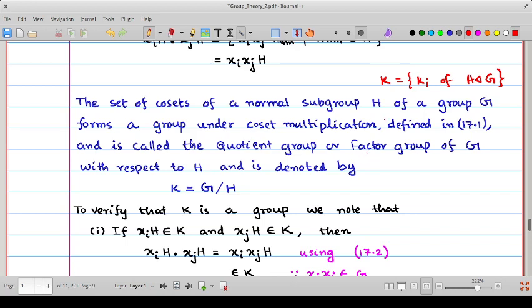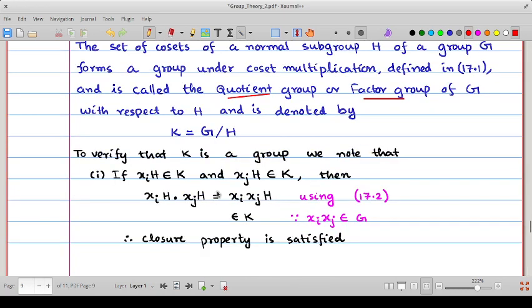And that group is called the quotient group or the factor group of G with respect to the normal subgroup H. And the quotient group is denoted by G/H.